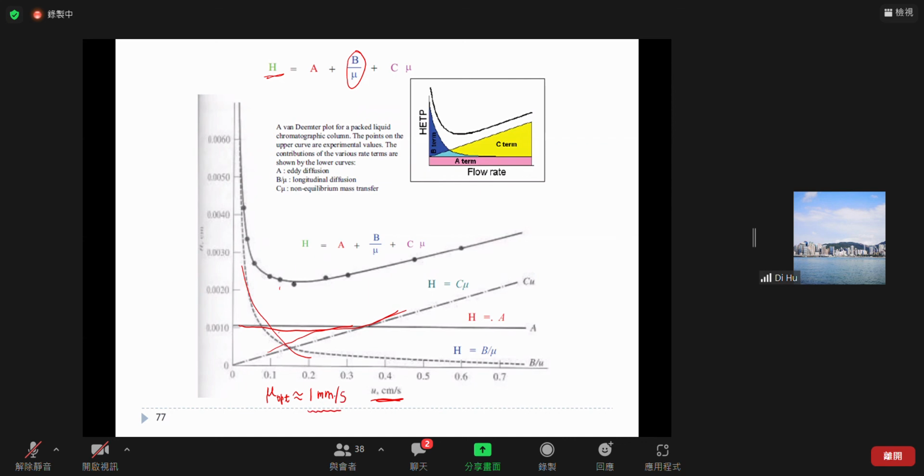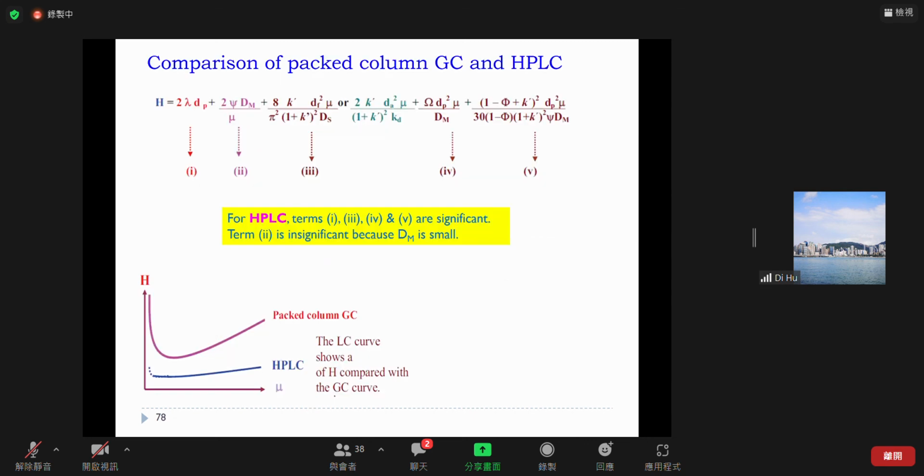That is pretty slow, right? Just remember the speed for GC. So this is a very slow speed, and we'll see that.